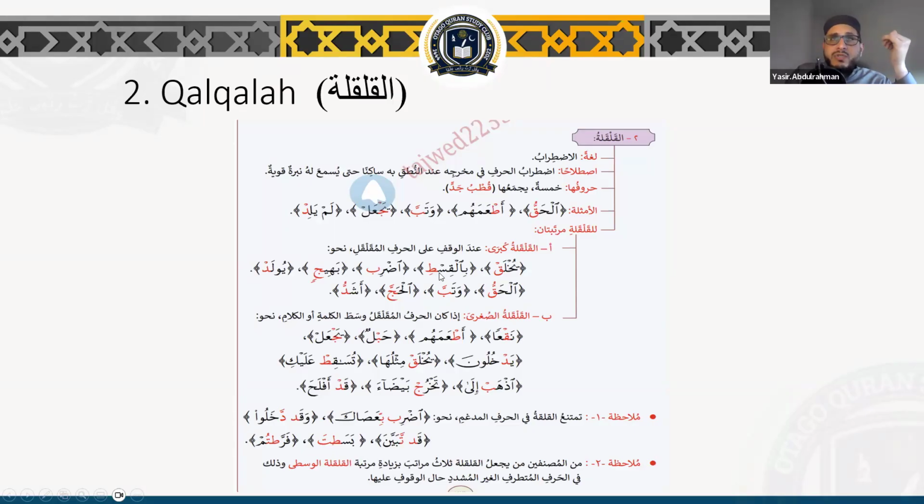So when I stop on bilqist, this qalqala is heavy qalqala. It's different from idrib. This is qalqala, but it's light qalqala. However, the timing or the duration that you take to make that qalqala is exactly the same. That's why we're not differentiating here between a heavy and a light qalqala.